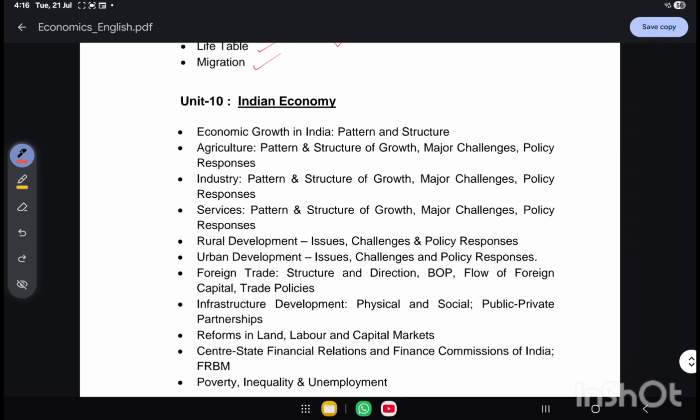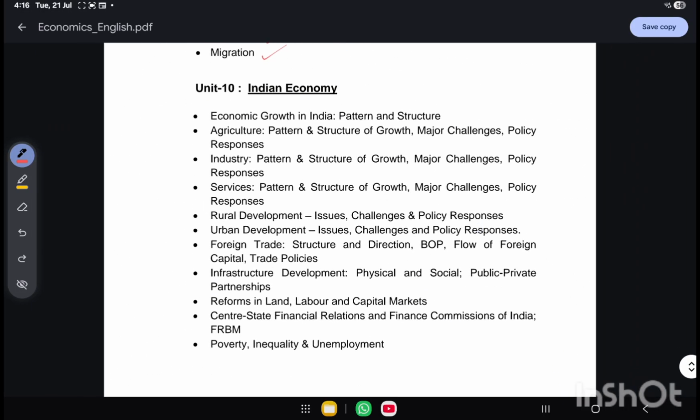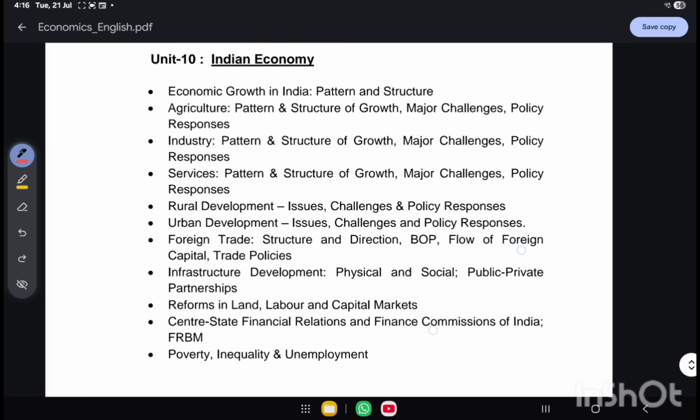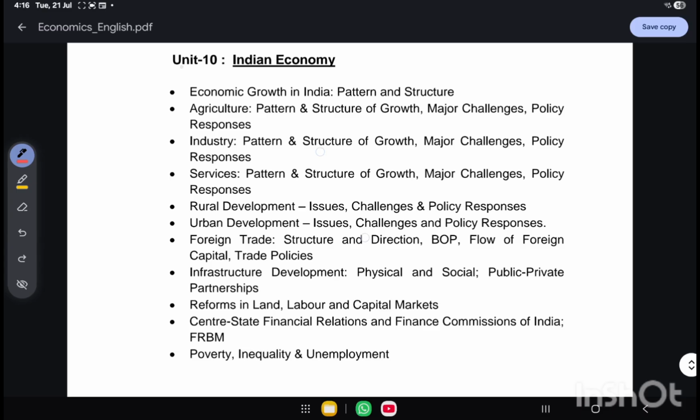Okay, and the last unit, in total there will be 10 units in paper 2. So in the 10th unit you're going to learn about the Indian economy, where you're going to learn about economic growth in India, what is the pattern of economic growth in India, what is the structure of economic growth in India.